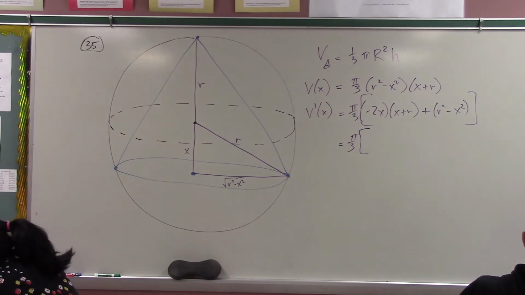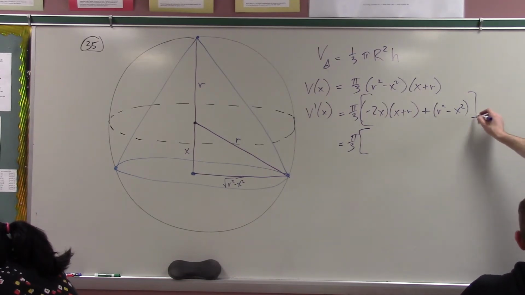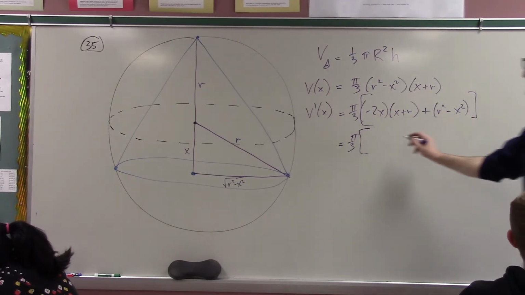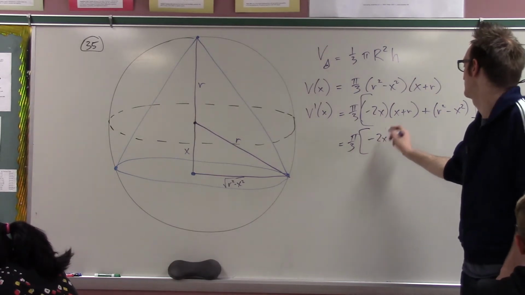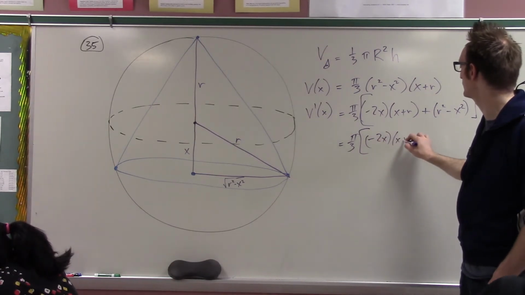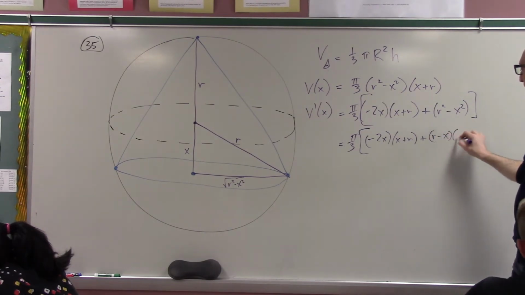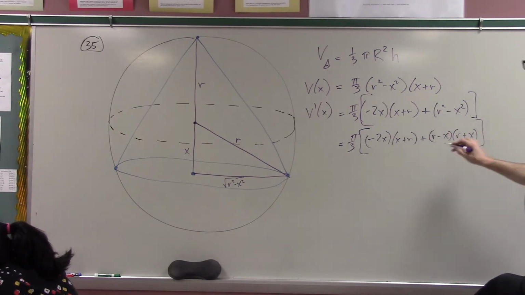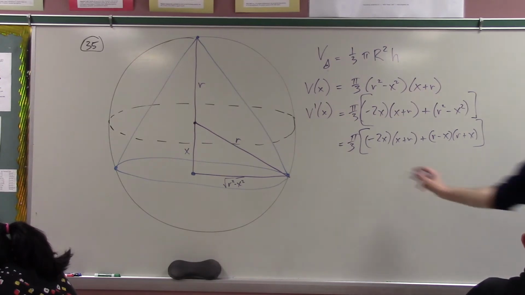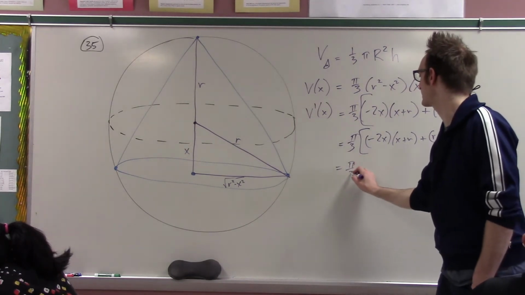Okay, so now I think I might factor, because there's an x plus r here, right? X plus r, x minus r. But you don't have to. Anything you do would work here. But this is r minus x, r plus x. And so I'm factoring so I can make a sign chart.